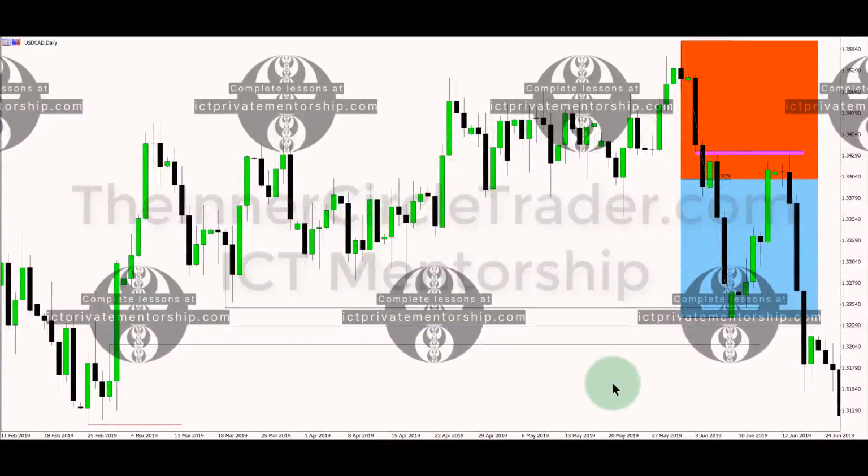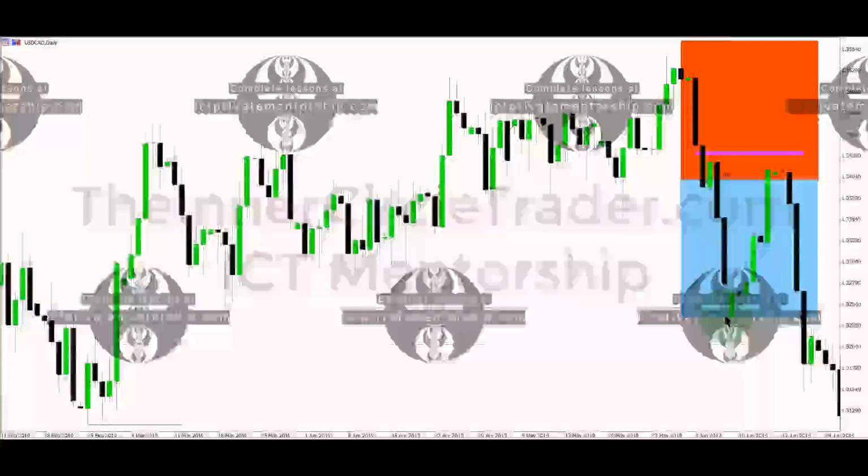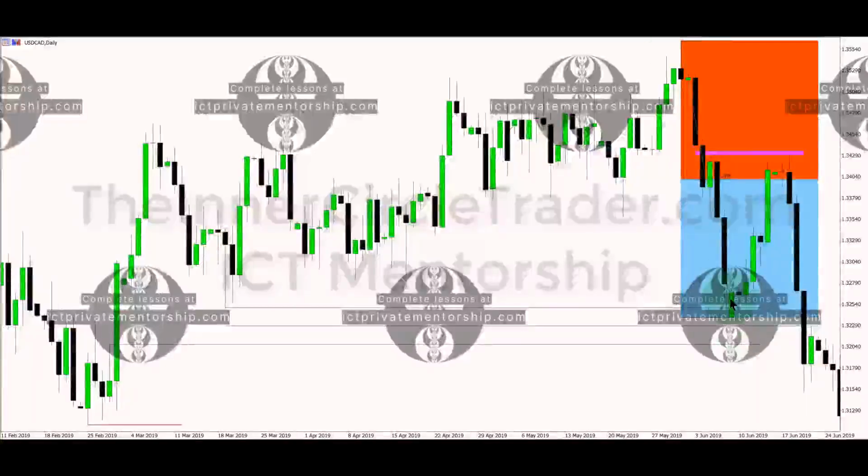Alright, so on the daily chart of the dollar CAD, we said we have the high here and a low here. This is an intermediate term price swing. What makes this an intermediate term price swing? It's not these small little fluctuations that move back and forth.